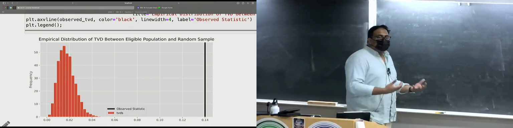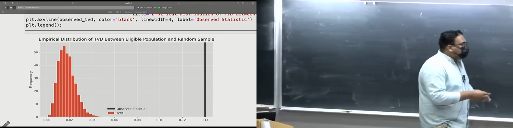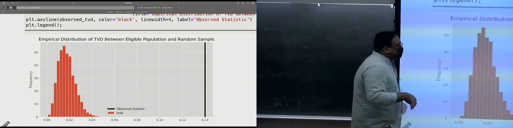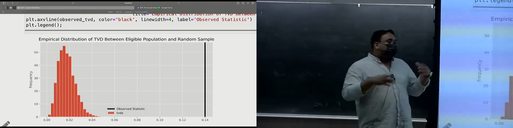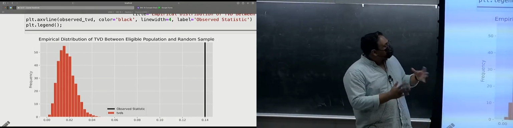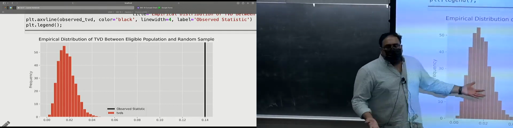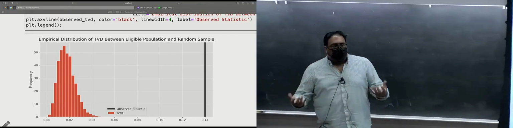Is our observed TVD consistent with the null hypothesis? No, right? If that black line was somewhere in the middle here or even here, we would say, okay, we don't really have evidence to say that the null hypothesis isn't true, so we will fail to reject it. But because that observed TVD is so far out of this distribution, it doesn't really seem plausible that it came from this distribution. Do we agree?